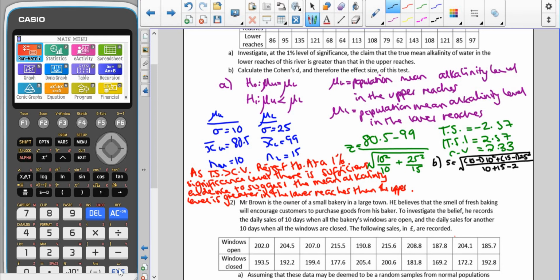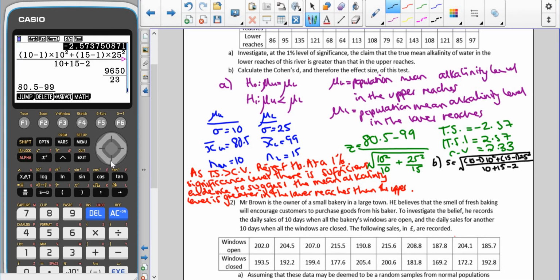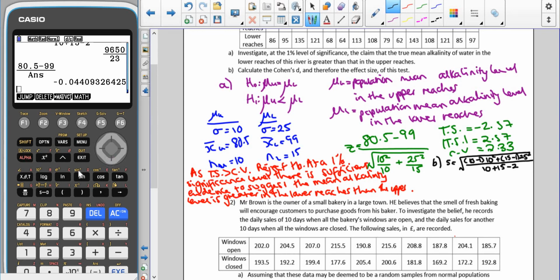So we're going to put this into our calculator, so we need to go into the normal part of our calculator. And this would give us the square root of fraction 10 minus 1 times 10 squared plus 15 minus 1 times 25 squared divided by 10 plus 15 minus 2.